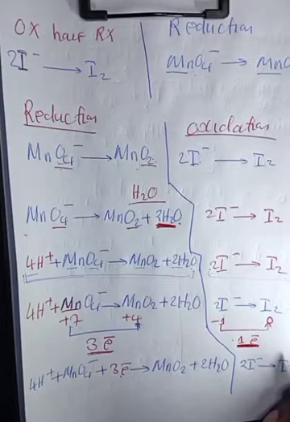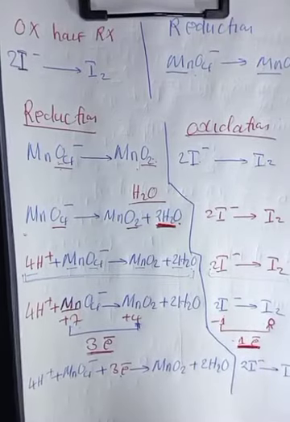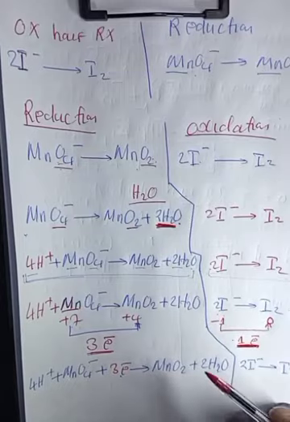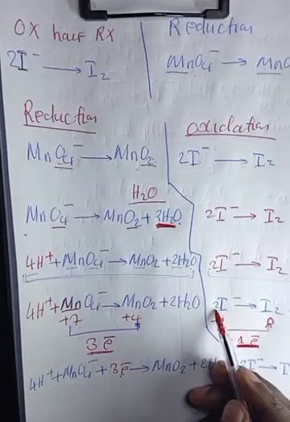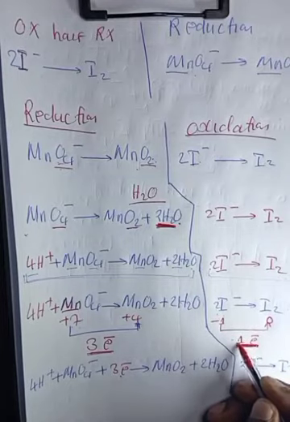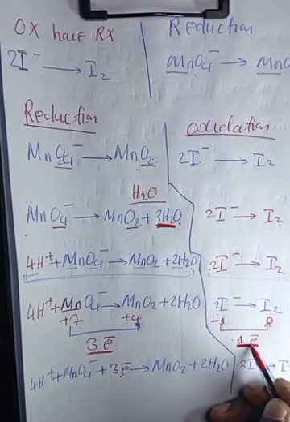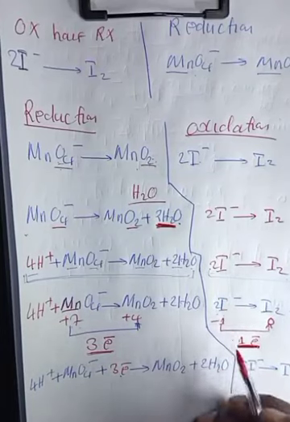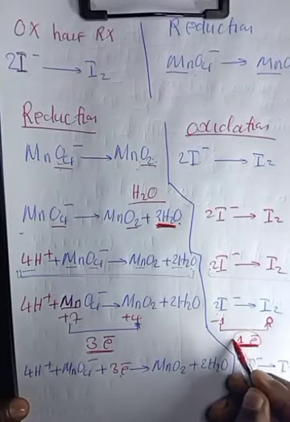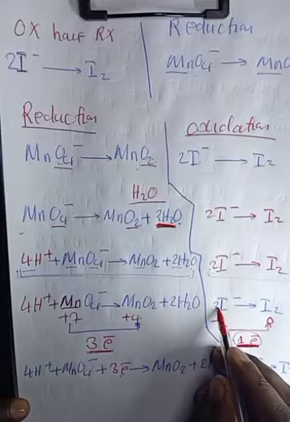Before we even proceed here, one thing you should understand is that in this reaction, how many iodine do we have? We have 2 iodines, 2 iodines. So meaning this 1 electron is the number of electrons lost by 1 iodine. Now that we have 2, we have to multiply the number of electrons that we have gotten here times the number of elements that we have.